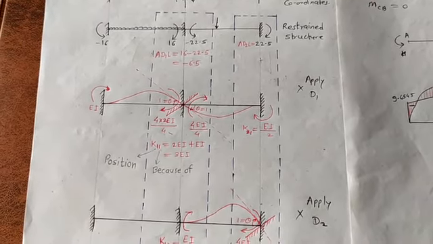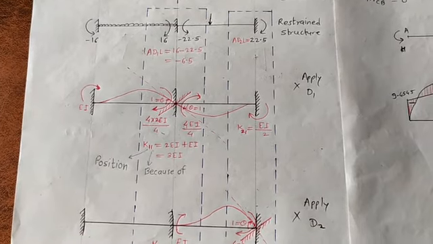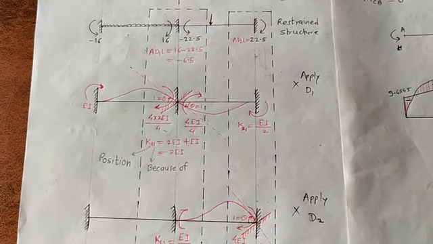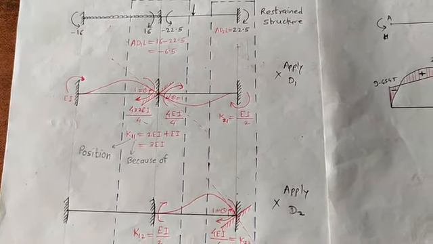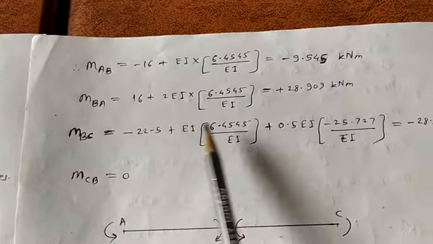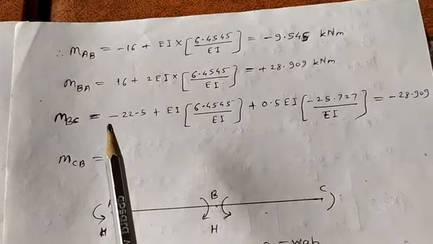Of course, as every joint will be in equilibrium, MBA will be equal to MBC. But still, for better understanding of how to write this equation, I have given a write-up for BC also.